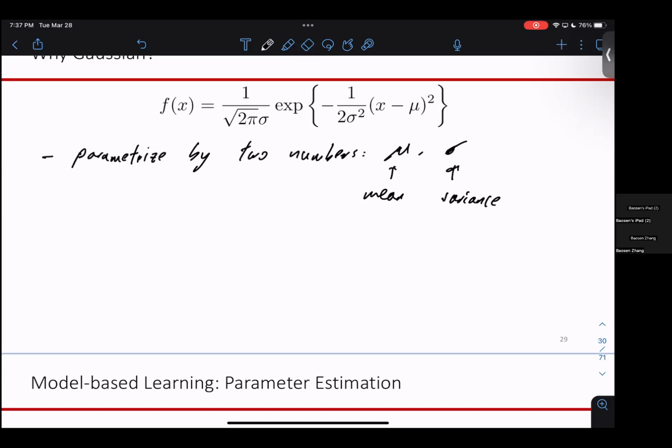And the Gaussian turns out to be such a distribution characterized by the mean and the variance explicitly. There's a term that shows up as a mean, and variance shows up in the distribution. Okay, so that's why it's a very, very nice thing to work with.